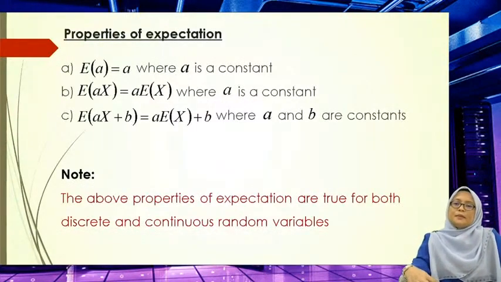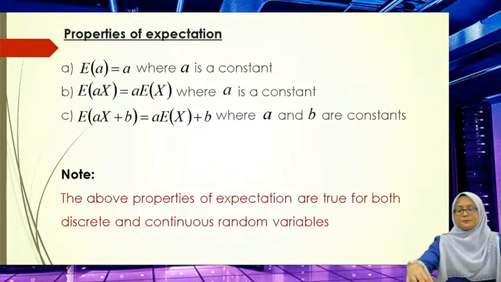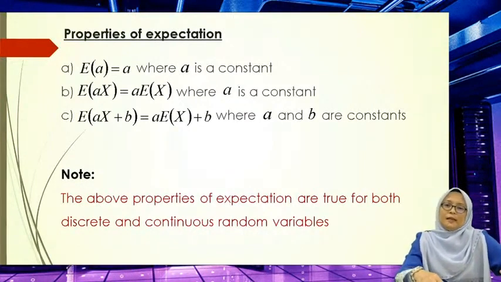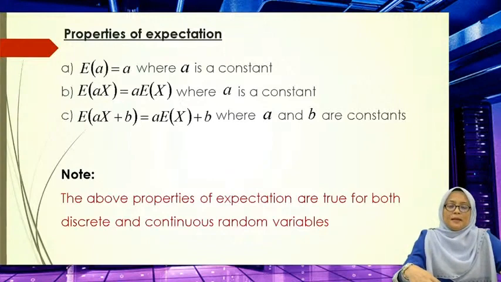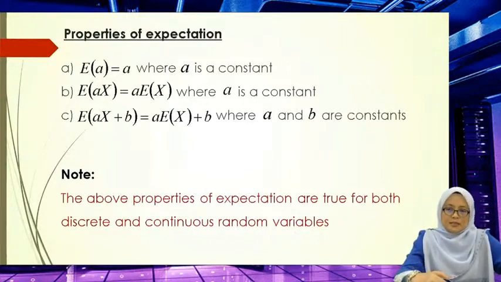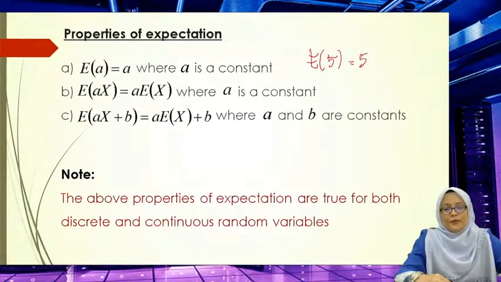Okay, so this is the properties of expectation. Okay, so kalau kita ingat properties ni, dia jadi lebih simple dan lebih senang lah untuk kita calculate. Okay, so kalau you ada expectation of A, where A is a constant, so kita akan dapat nilai A. Contoh kalau you ada expectation 5, so you akan dapat 5, you punya expectation. So tak payah kira dah.